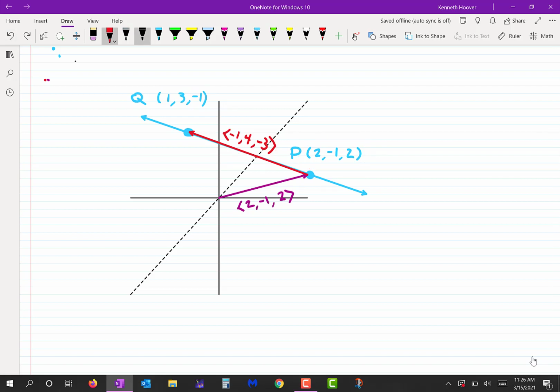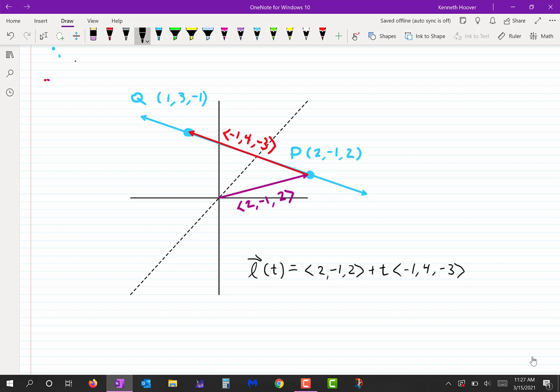Alright, so now we can write an equation for that line. The vector equation would be 2, -1, 2 plus t times -1, 4, -3. There's the vector equation for that line.